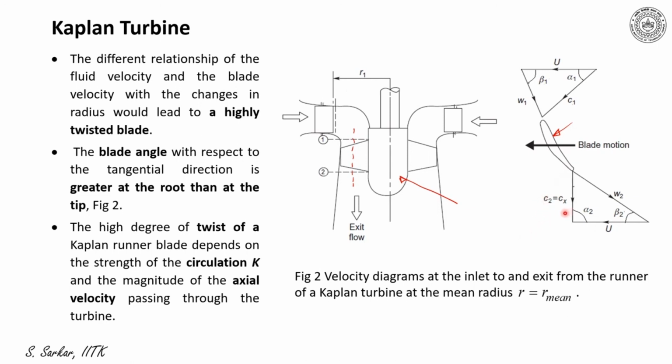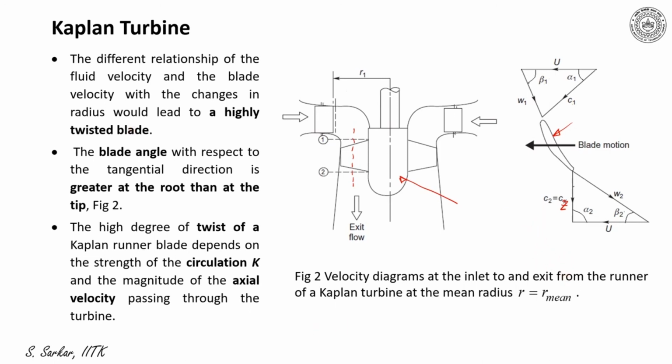Here C2 would be equal to Cz, that is the axial direction or flow axial component of C, that is Cz, and alpha 2 is the absolute angle and beta 2 is the relative flow angle at the exit. Here alpha 2 would be equal to 90 degrees. That means C2 will be in the axial direction here.